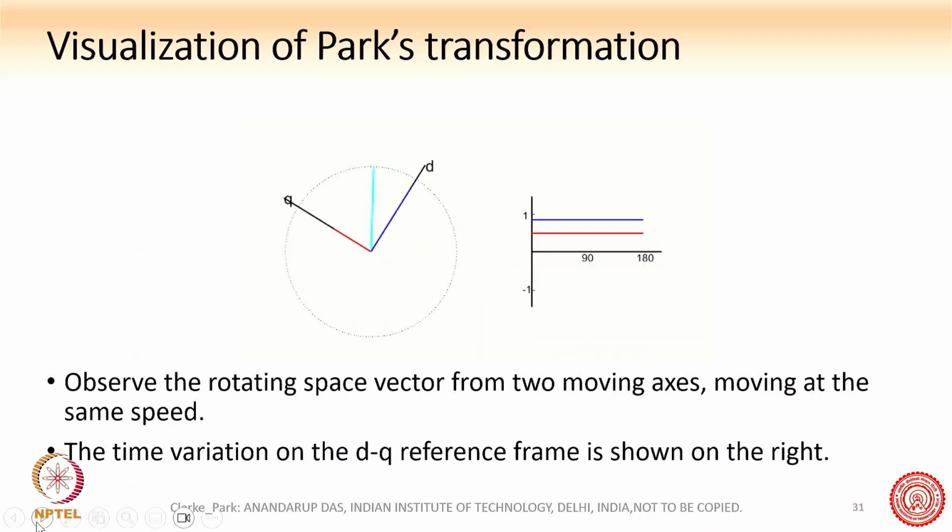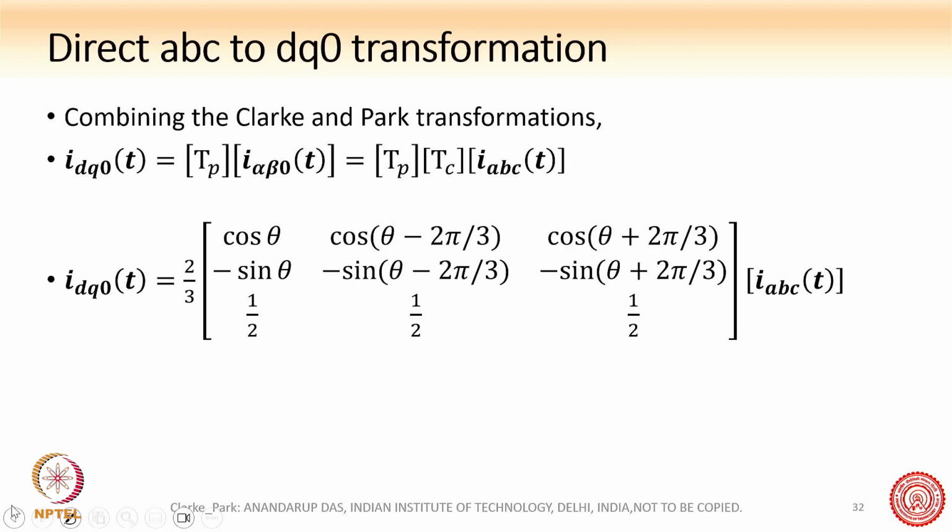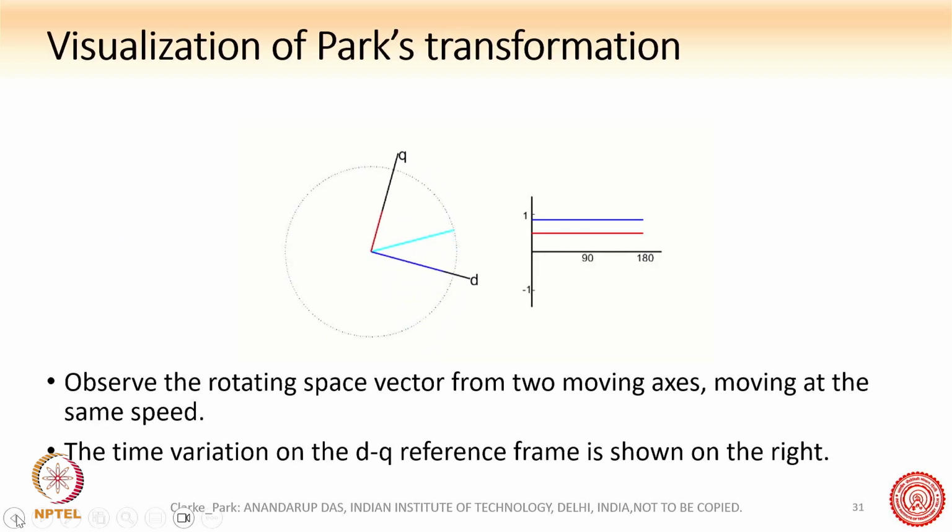So this we have already seen, but one of the things that becomes evident here is the fact that when we did the alpha beta 0 transformation, I alpha, I beta and I0 were all sinusoidal quantities.